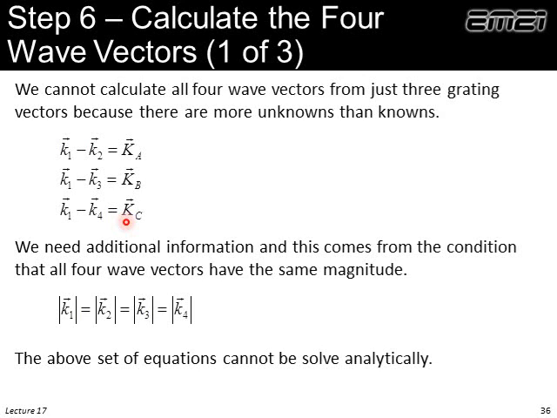Well, it turns out, since we are probably doing holographic lithography with a single frequency or single wavelength beam of light, we know that the magnitude of all of the different wave vectors have to be the same because it's the same wavelength of light. So here's our 4th equation. However, this is not a linear system of equations, so we can't solve it linearly, unfortunately. And so we end up solving this numerically instead.